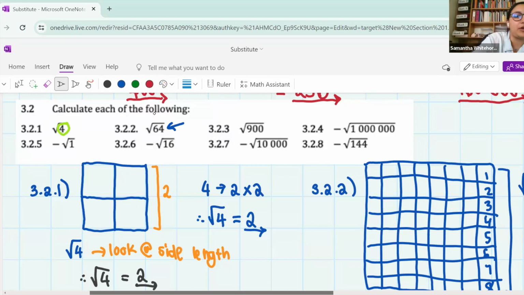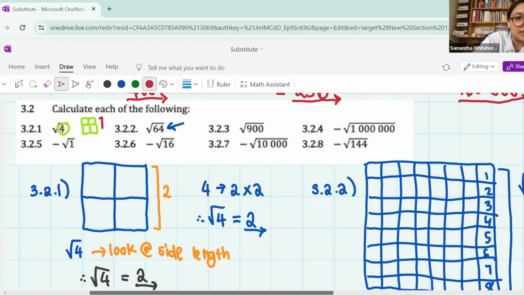So I can't say, for example, draw a rectangle that has got 4 blocks. Yes, that's 4, but it's not square, because remember, we're working with square numbers. So what I would actually need to do is draw a square that is 2 blocks by 2 blocks.